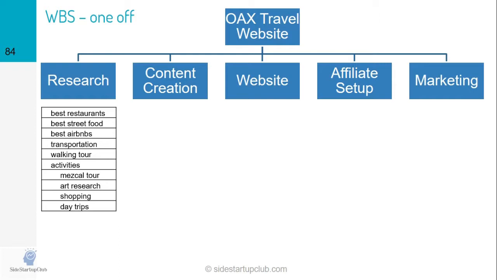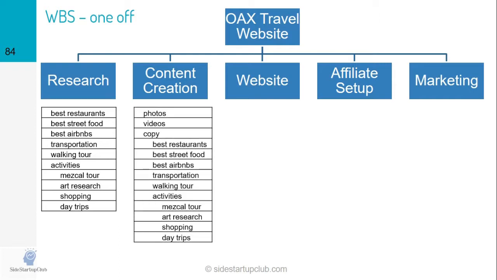Once I've done the research and I roughly understand what I'm going to be advising my users to do, then I need to actually create that content. And for each one of these tasks, creating photos, creating videos, and writing copy, you would have to do that for the restaurants, the street food, the Airbnbs, the transportation, the walking tour, and the activities.